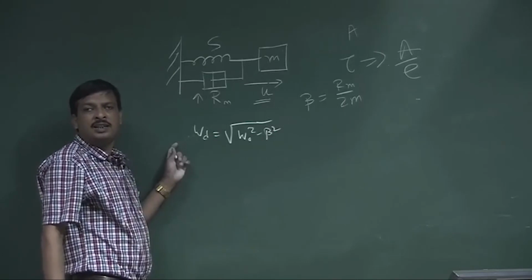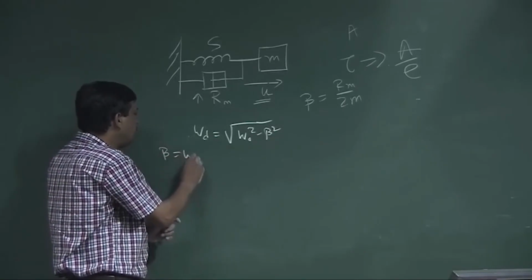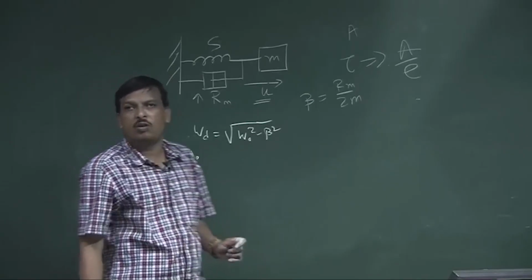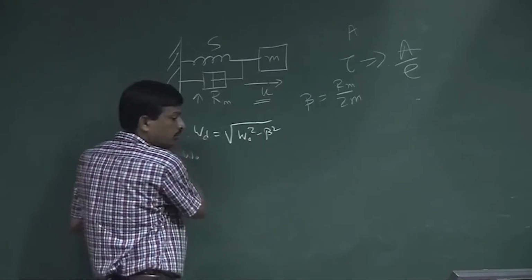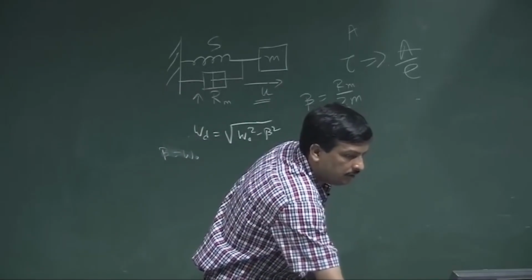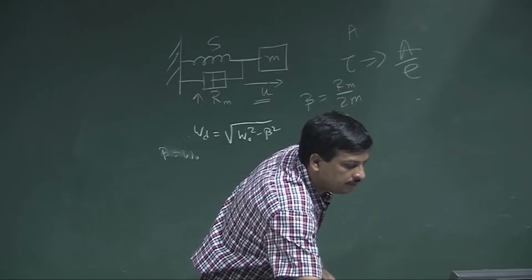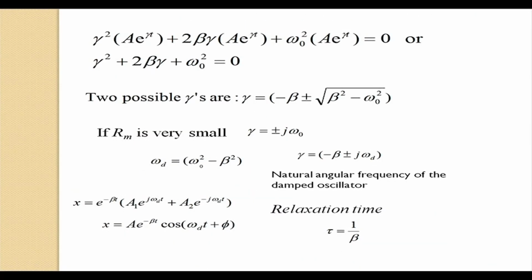If I say it is critically damped, then the beta value is equal to, or omega d is equal to, sorry, just a minute. So, in case of critically damped, what should be the condition?